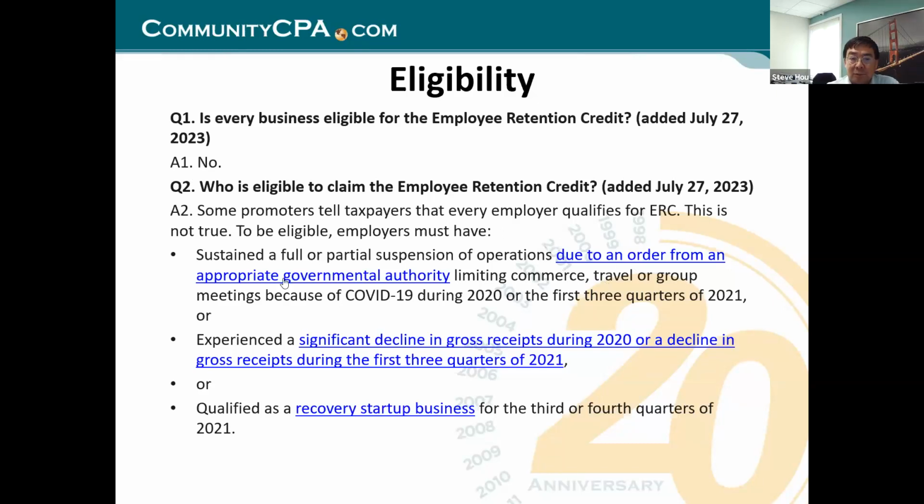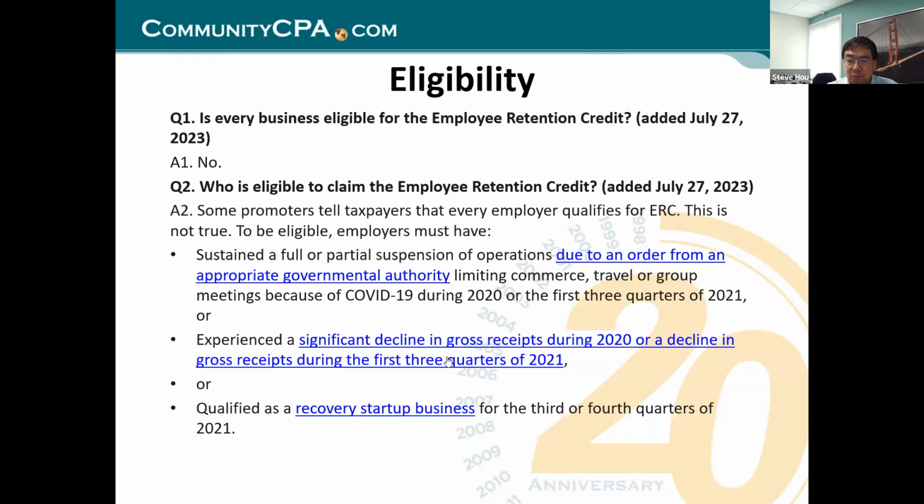There has to be either a government order, or you suffered a significant decline in gross receipts, or you are a recovery startup business, and then you may claim ERC in the third and fourth quarter of 2021.